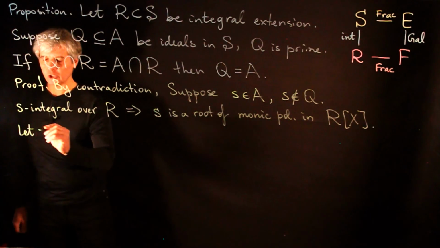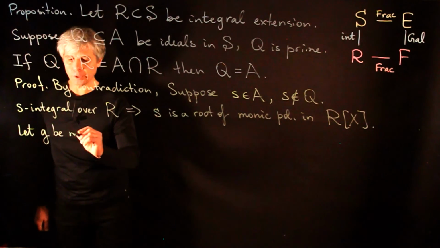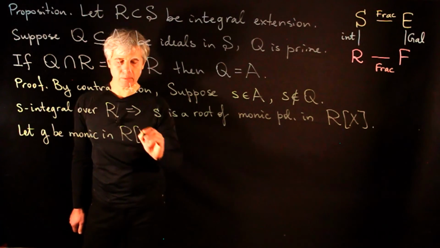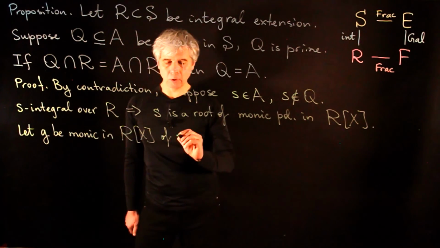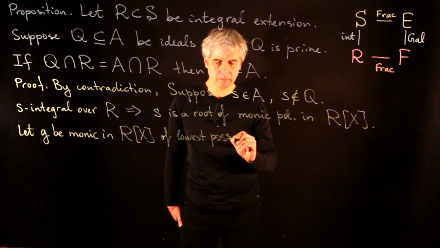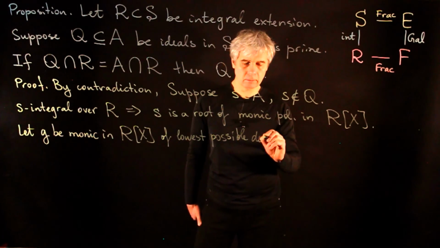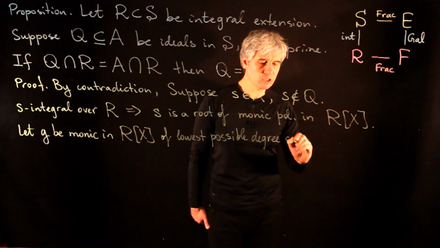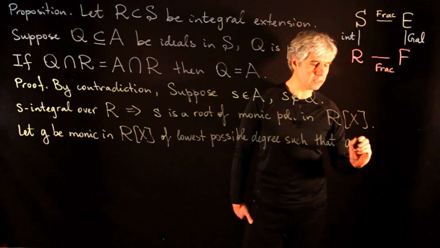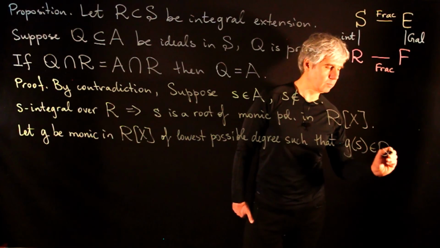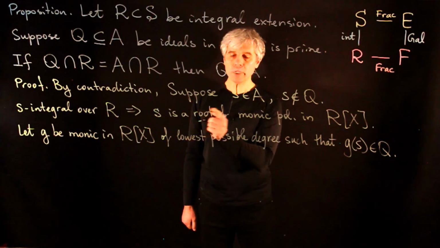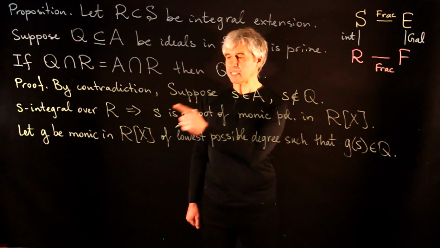Let g be monic in R[x] of lowest possible degree such that g(s) is in Q. Such a polynomial exists because we already have a monic polynomial for which s is a root.